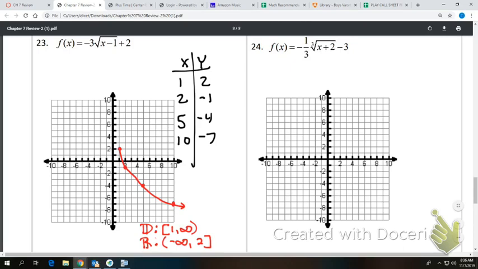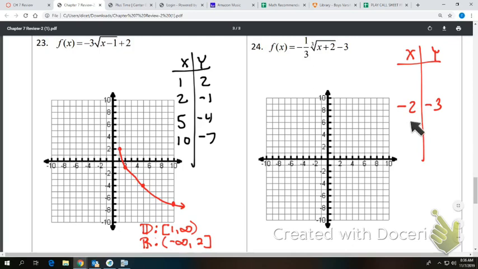So now we have cube root. With a cube root, the vertex is -2, -3. But remember with the cube root, you put that in the middle. Why? Because you can have positive and negatives underneath the cube root.